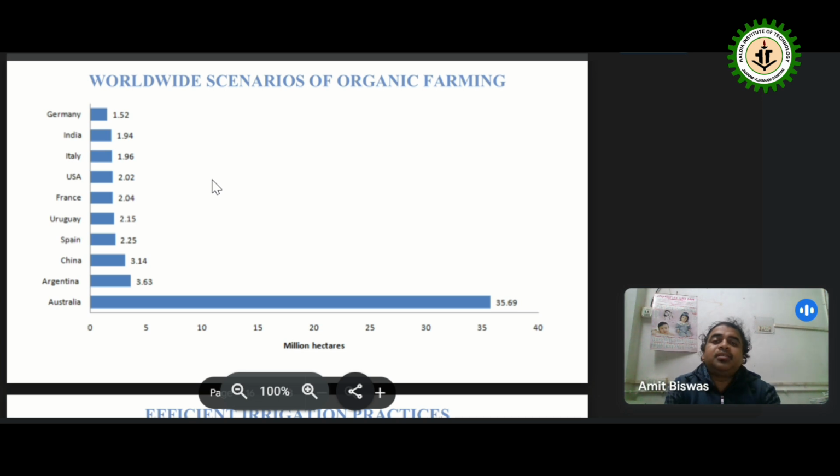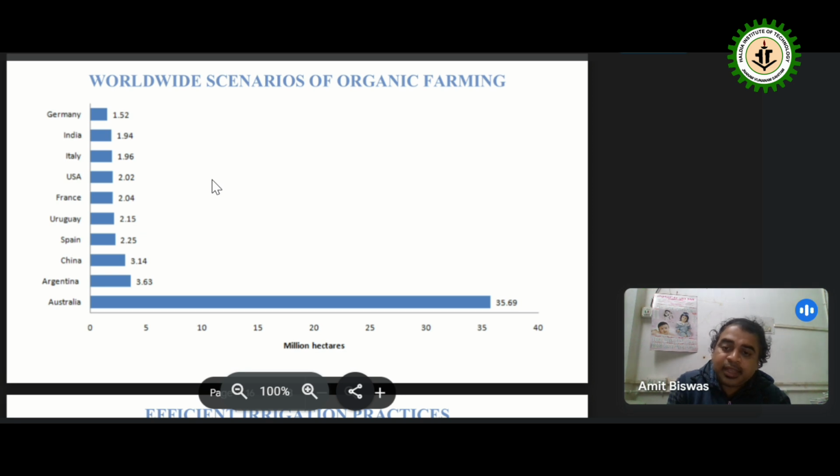Now the worldwide scenario of organic farming. Here, Australia has the highest organic farming cultivated area, 35.69 million hectares.